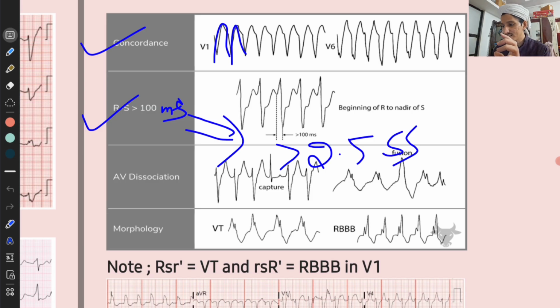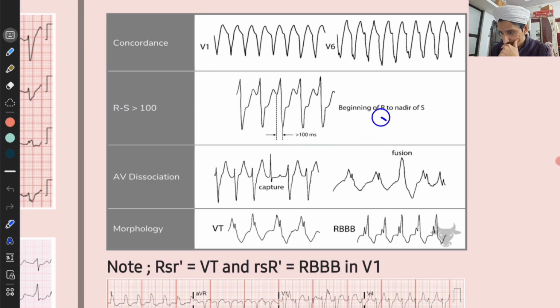What is this R to S distance? It is from the starting point of R, see this arrow here, to the lowest point of S, the nadir of S. If you calculate the distance between these two, it should be more than 100 milliseconds.